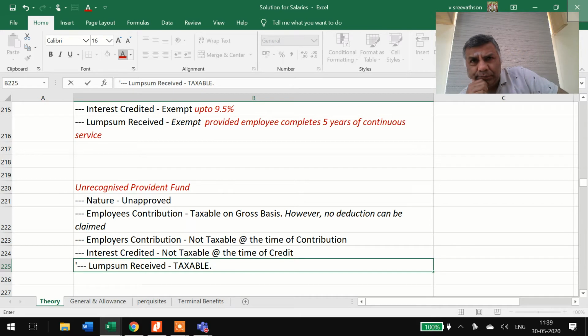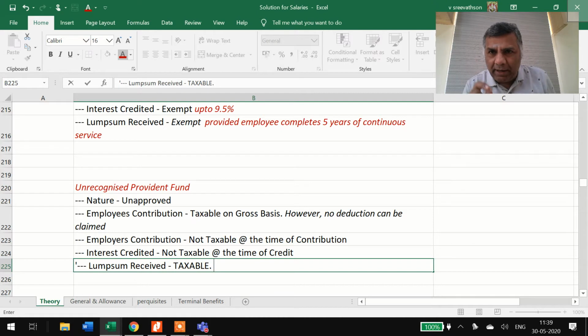Taxable. What is taxable? What is that lump sum? That lump sum has 4 parts: employees' contribution, employer's contribution, interest on employees' contribution, and interest on employer's contribution. All these 4 things put together are known as lump sum received.